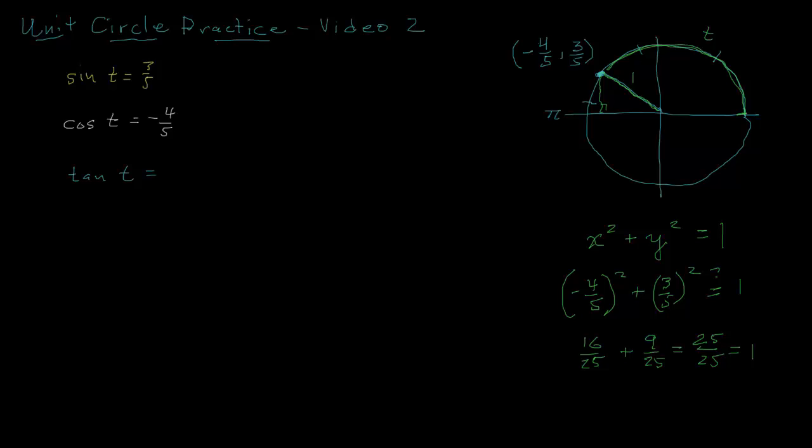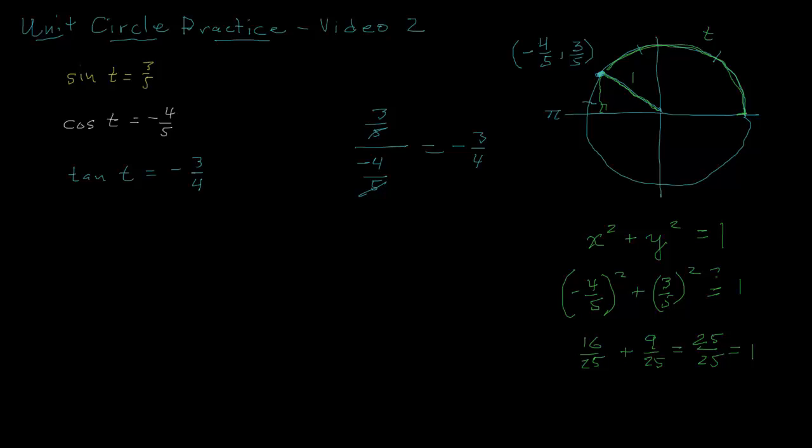Nevertheless, tangent is just sine over cosine, and that would be 3/5 over negative 4/5, which would be -3/4. These 5s cancel out. So that's -3/4.